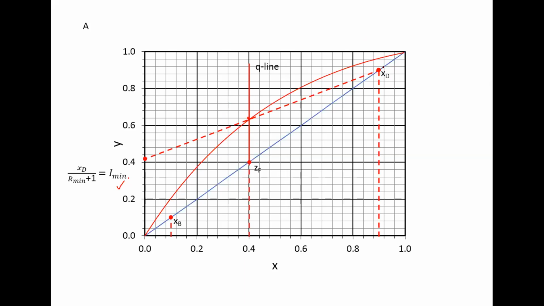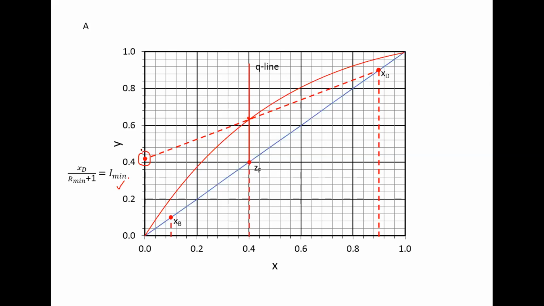So the intersect of three lines here: the equilibrium line, the Q line of the Z, the feed, and then the distillate enriching line. Okay? Then you get the intercept minimum. Am I answering your question?